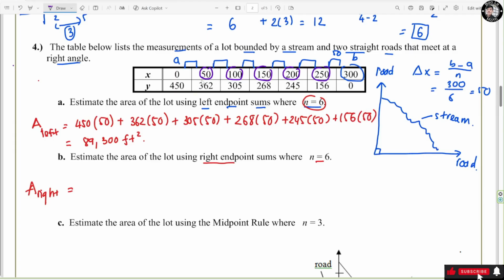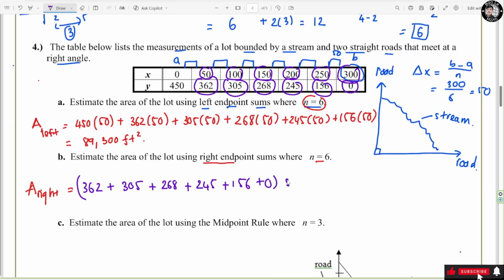So we have the height is going to be 362 plus 305 plus 268 plus 245 plus 156, and the last one should be 0, right? And then all together multiply by the width. The width is going to be 50, right? Now the answer must be 66,800 square feet.